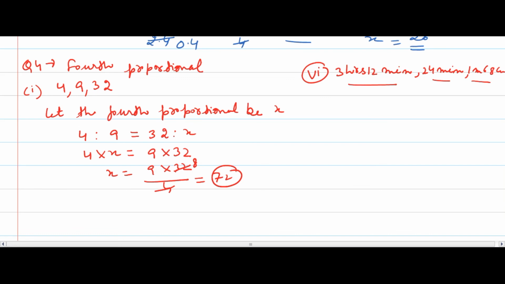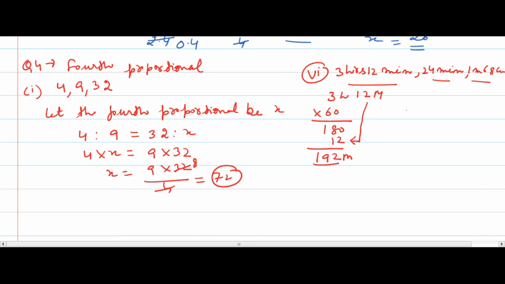So we will make them minutes. 3 hours 12 minutes. If we want to convert them into minutes, we will multiply it here by 60, right? 3 6 ja 180, and we will add these 12 minutes here, so they will become 192 minutes, right?